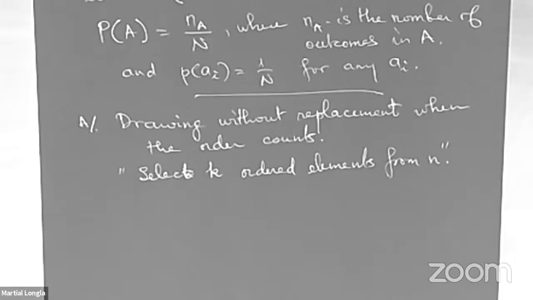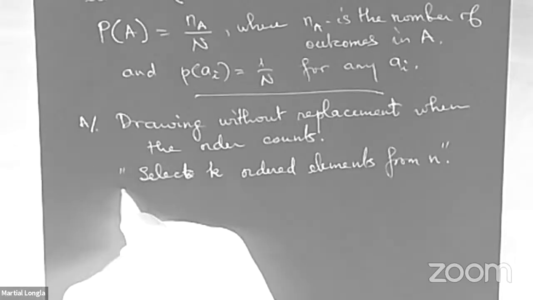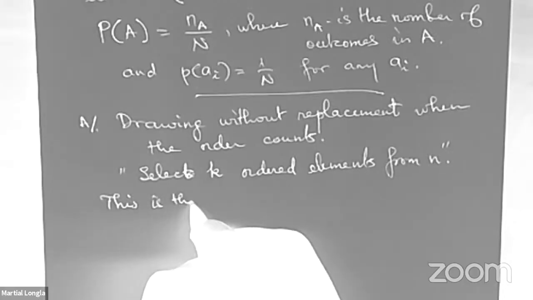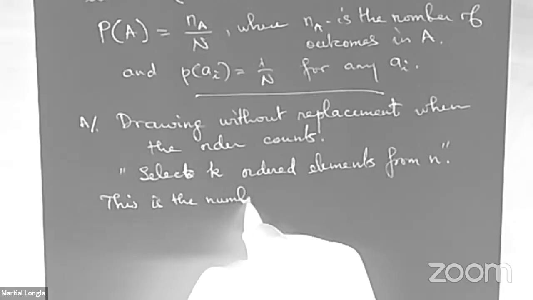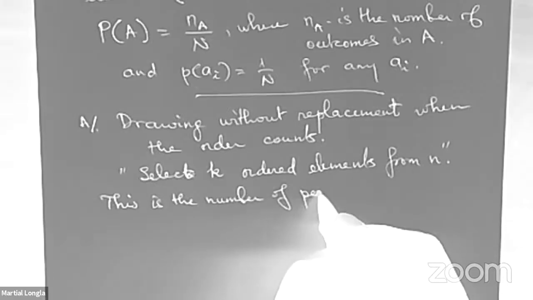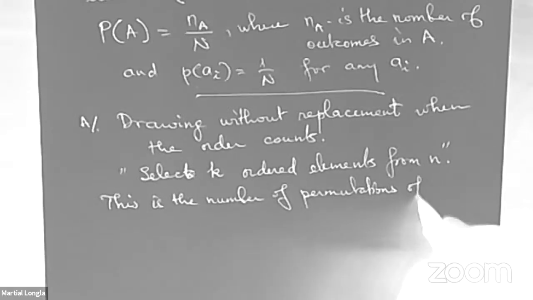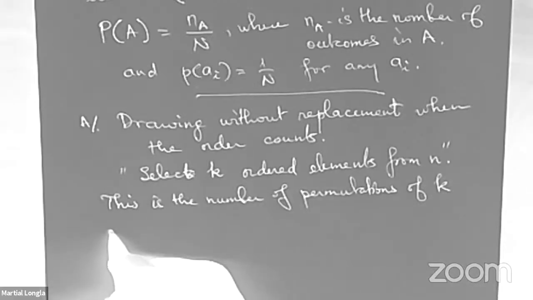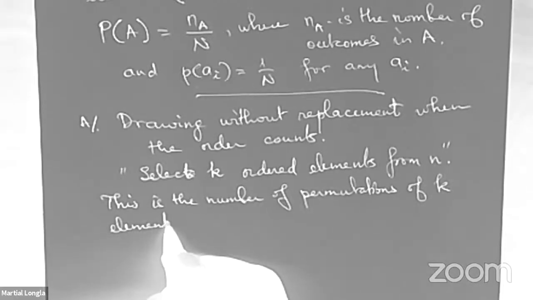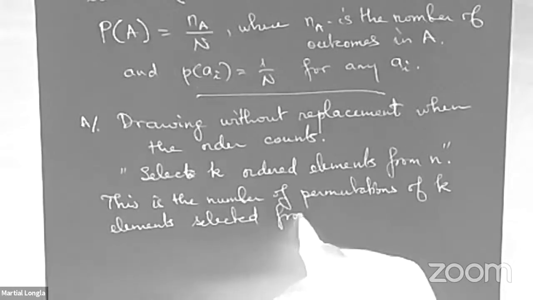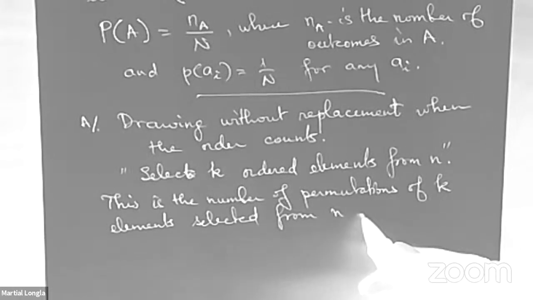We call that the number of permutations of K elements selected from N elements.